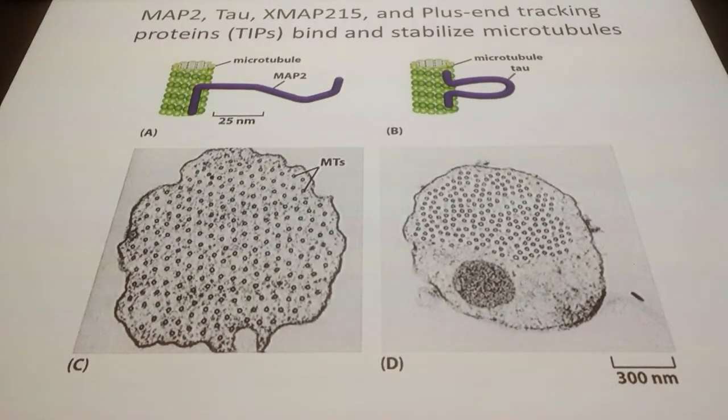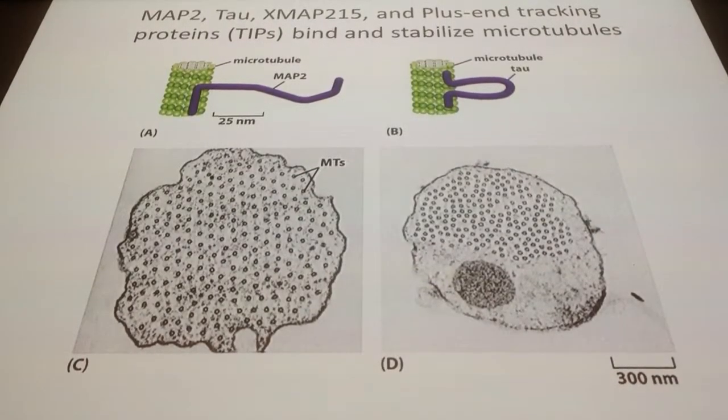MAP2 and tau stabilize the microtubules. What that means is that these proteins will inhibit depolymerization. Not disassembly as a whole, because severing can still occur, but MAP2 and tau stabilize the microtubules by literally inhibiting depolymerization.